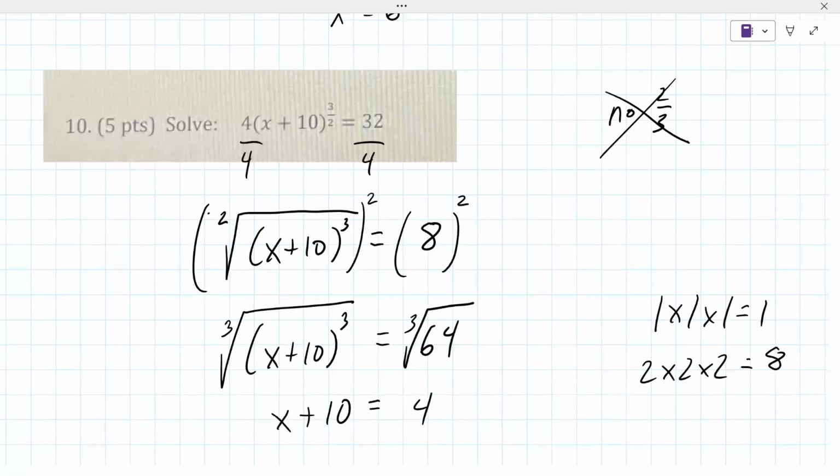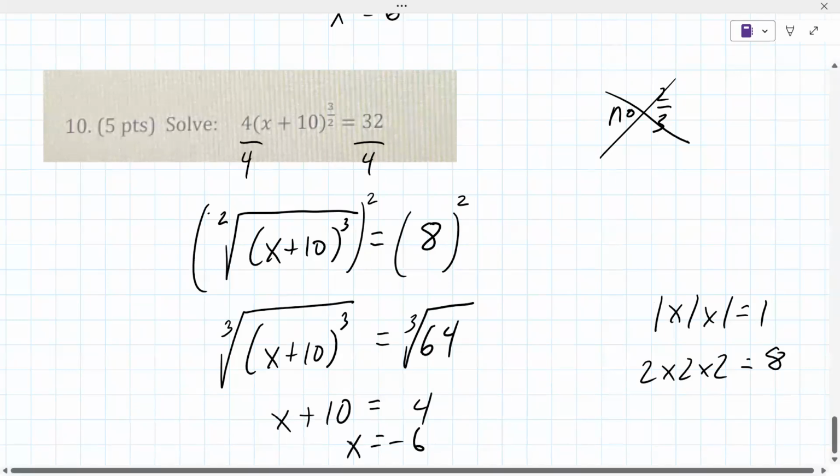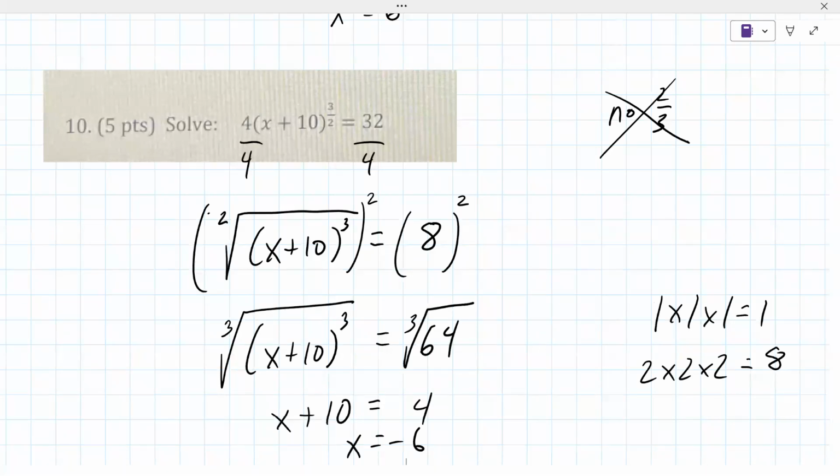What does x equal? -6. Okay, here's your answer. All right, any questions on that? No. Okay.